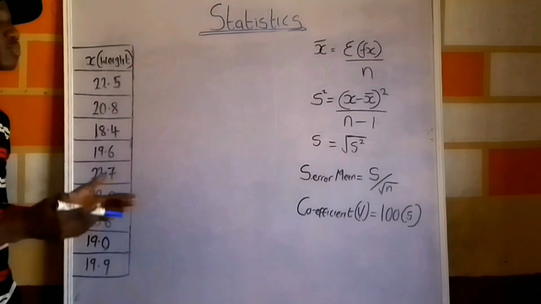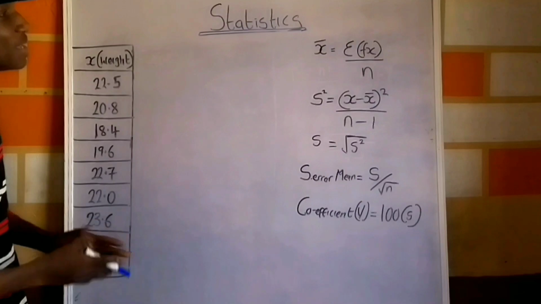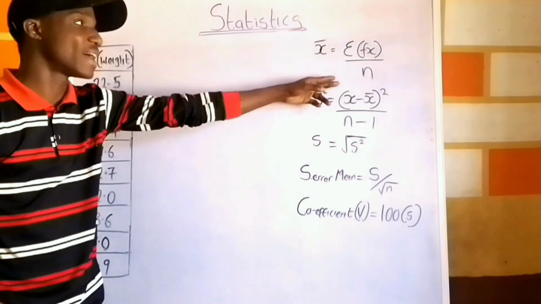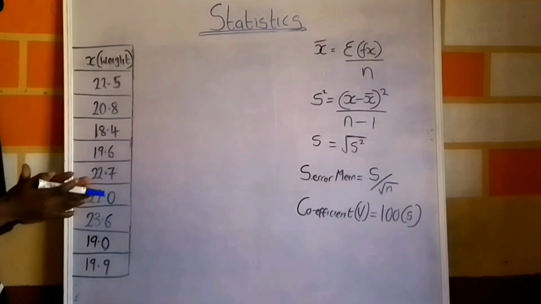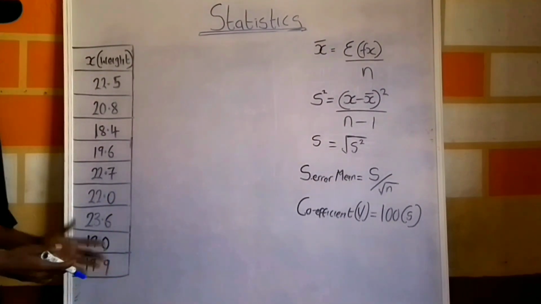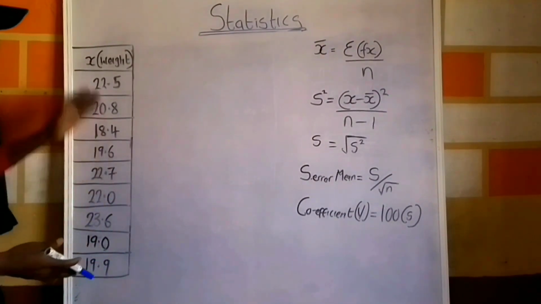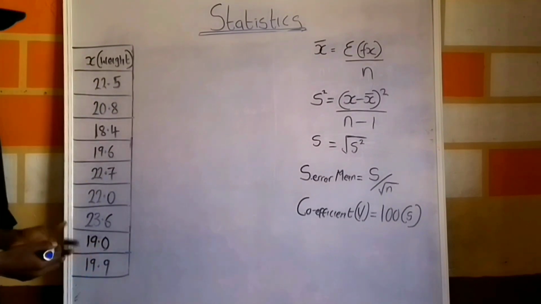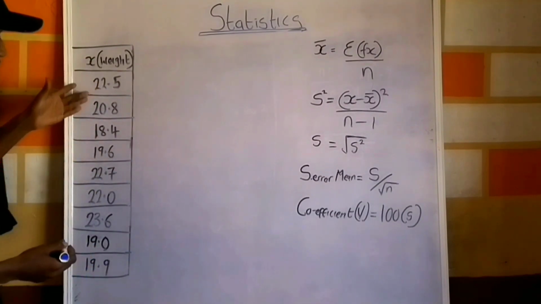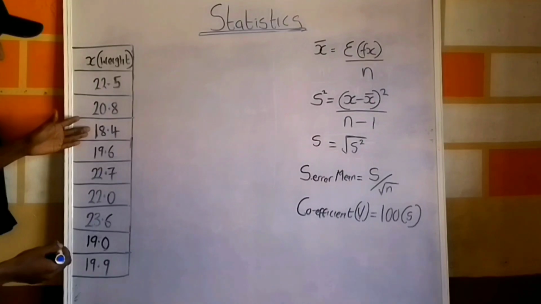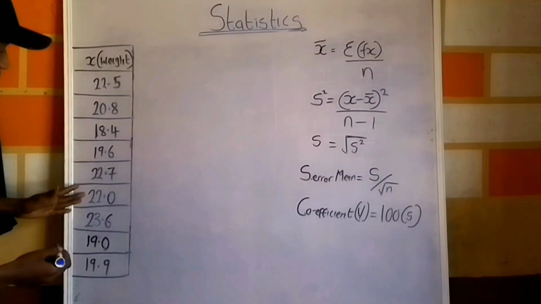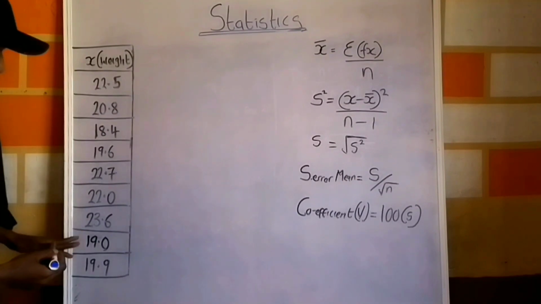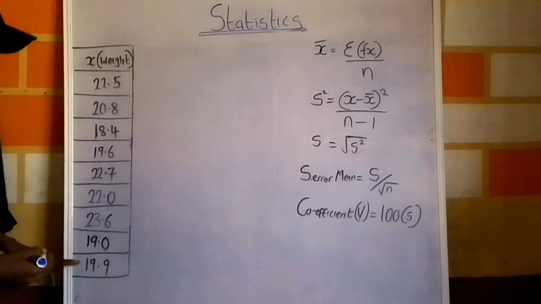The first thing is that we want to calculate the mean, and the formula for mean is summation fx all over n, where summation fx is the summation of all the values of the body weight. After summing the values of the body weight, you are going to divide it by the count of all. In that case, I'm going to sum all these: 22.5 plus 20.8 plus 18.4 plus 19.6 plus 22.7 plus 22.0 plus 23.6 plus 19.0 and plus 19.9.